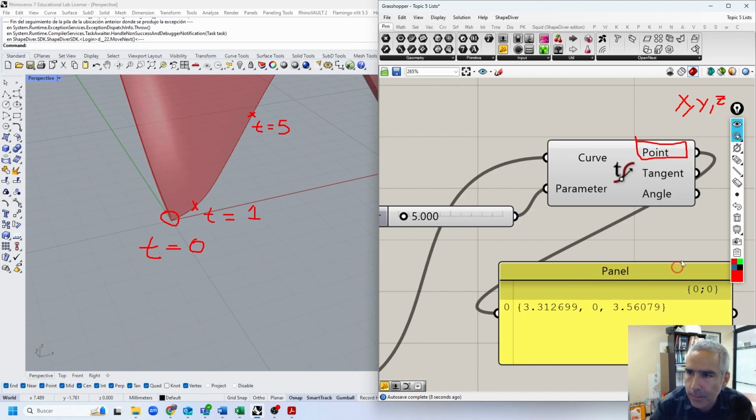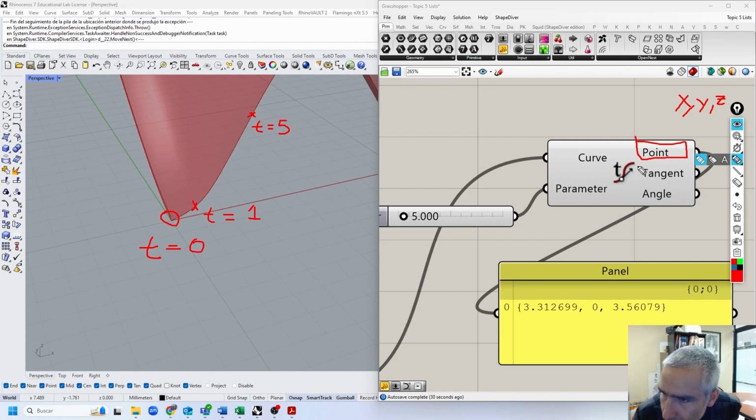It also gives you another output right here, which is tangent, the tangent vector of the curve, or the vector tangent to the curve at that particular point.